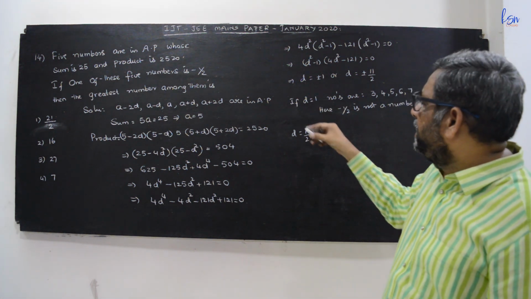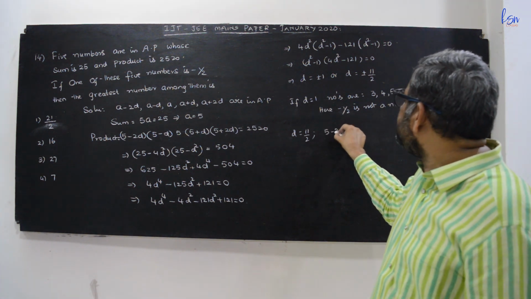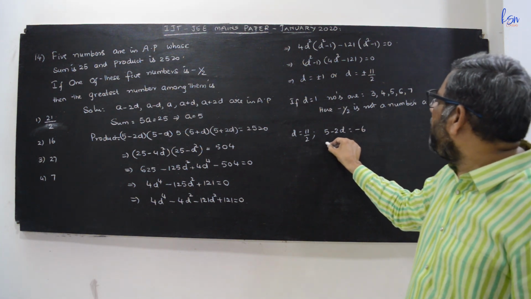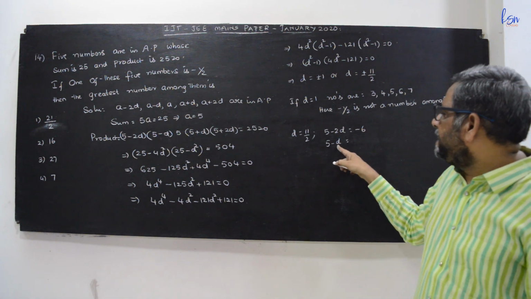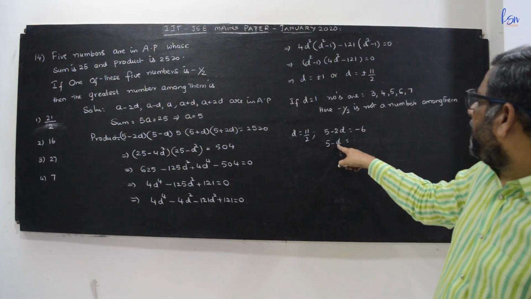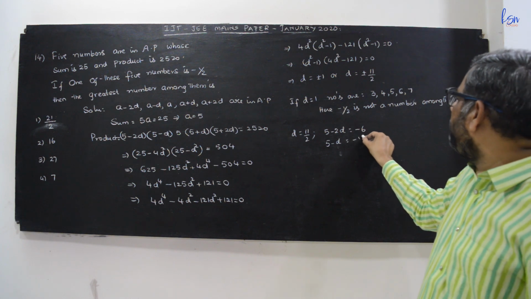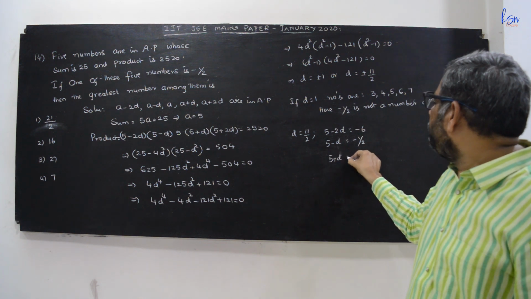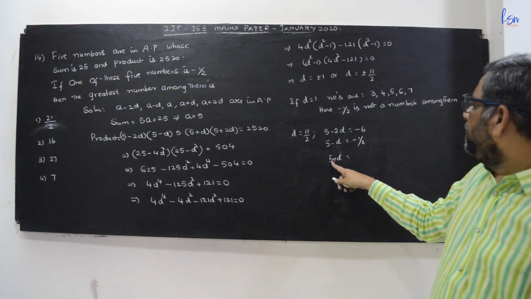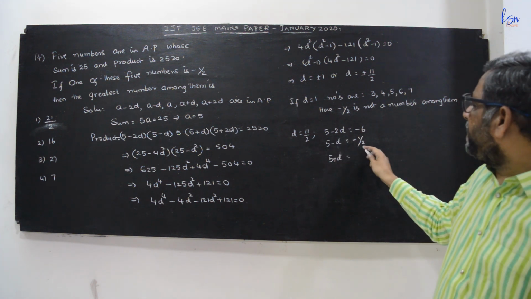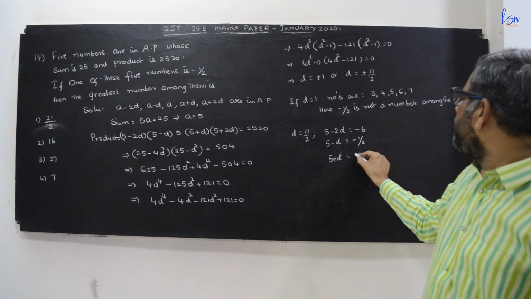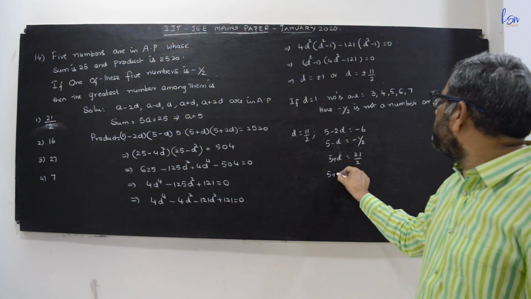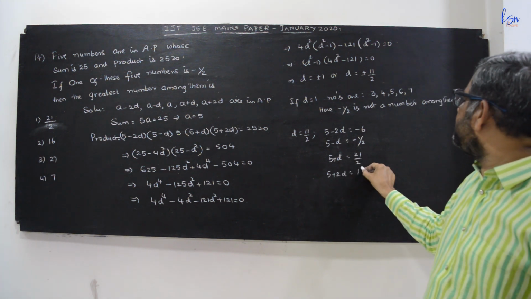For d equal to 11 by 2: 5 minus 2d is 5 minus 2 into 11 by 2, minus 6; 5 minus d is 5 minus 11 by 2, which means minus 1 by 2; next one is 5; 5 plus d is 5 plus 11 by 2, which means 21 by 2; 5 plus 2d is 16.